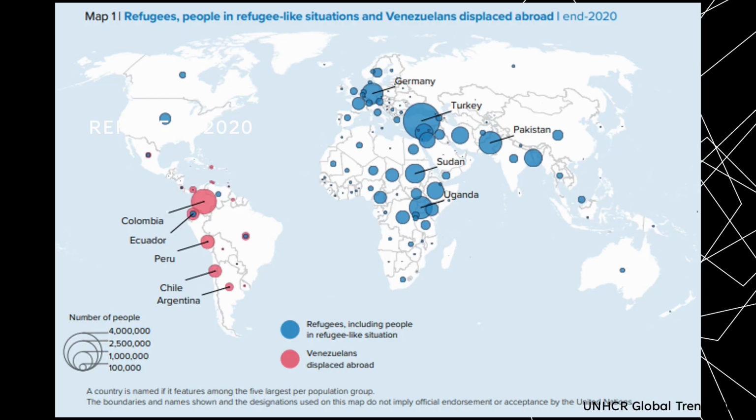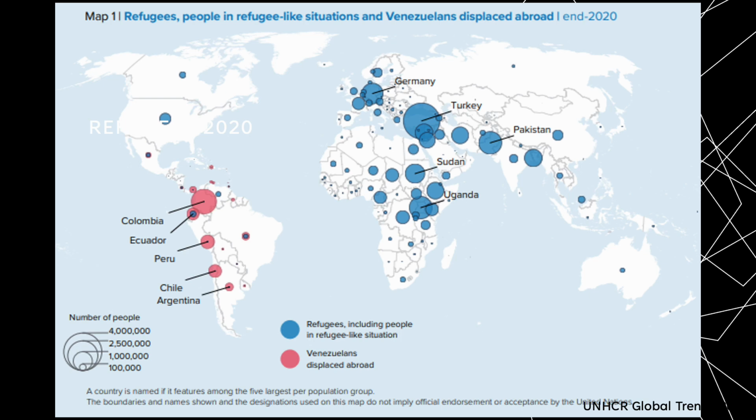What does this look like worldwide? This is from the UNHCR, or UN High Commissioner for Refugees, Global Trends Report, the most recent being 2021. This is showing at the end of 2020 the millions of people that are displaced around the world. Specifically, they highlight Venezuelans who have been displaced in the red, and in the blue is all other refugees.